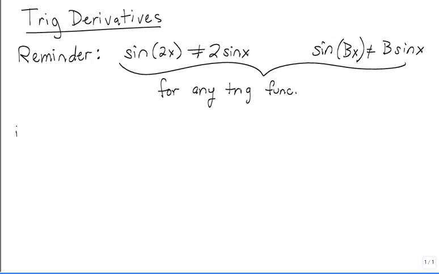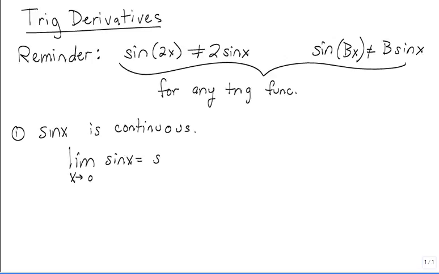So the first thing we know is that sine x is continuous. There's no breaks or gaps in the graph. So the limit as x approaches 0 of sine x, you can use the substitution property, and sine of 0 is 0. So that's the first one.